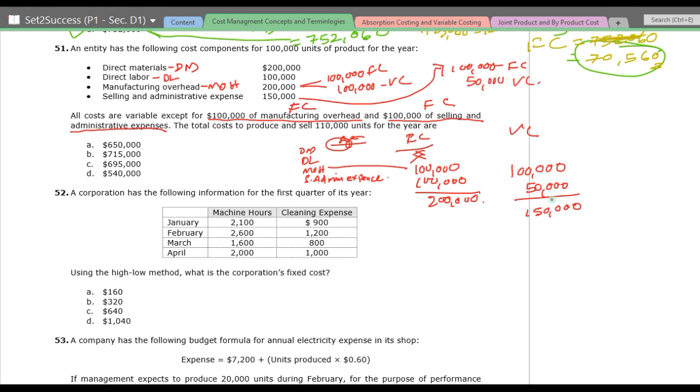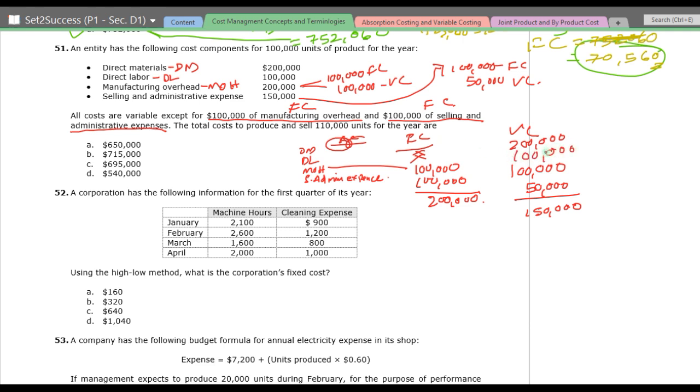So now, this is manufacturing and selling and administrative expense. Direct material is a variable cost, and direct labor is also a variable cost.